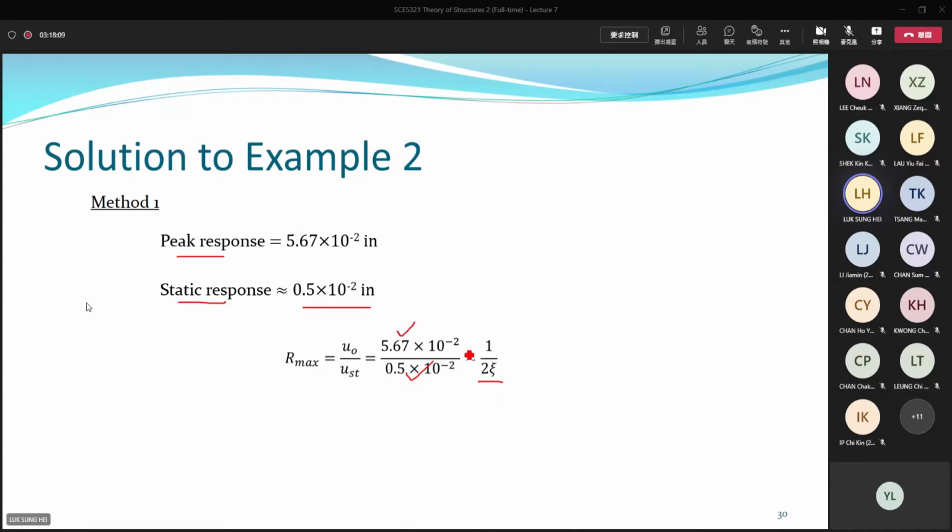So by doing this simple calculation, you can get the damping ratio, 4.4%. But you can put a question mark here, because there should be some problem about this static response because we just roughly estimate using extrapolation. The error should be big, right? Not small. But anyway, 4.4% using this method.